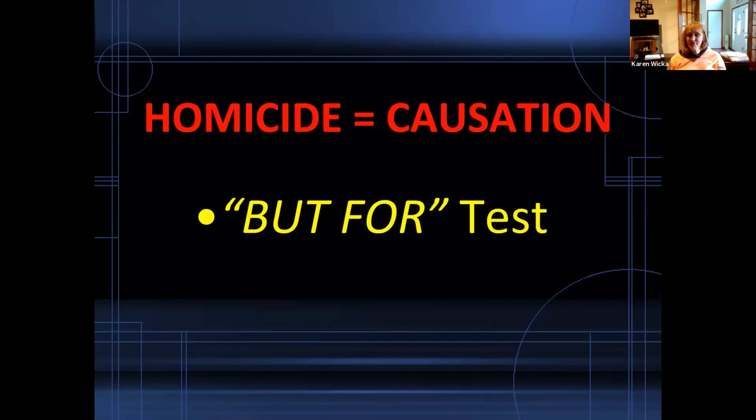And we haven't talked about that much because it's really not a significant issue in many of the crimes. But when it comes to homicide, causation is a very, very important, significant issue. Causation is the idea that you have to show that the defendant caused the death.